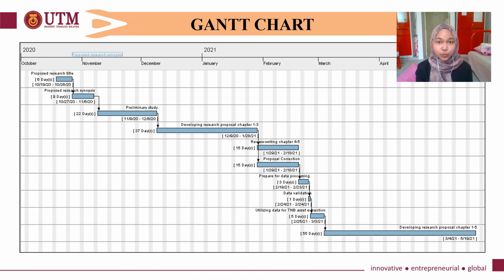So this is the progress work for this undergraduate project, which is followed by proposed research title, proposed research synopsis, preliminary study, developing research proposal from chapter 1 to 3, rewrite, review writing for chapter 4 and 5, and then proposal correction, prepare for data processing, data validation, utilizing for data asset extraction, and development of research proposal for chapter 1 until chapter 5.